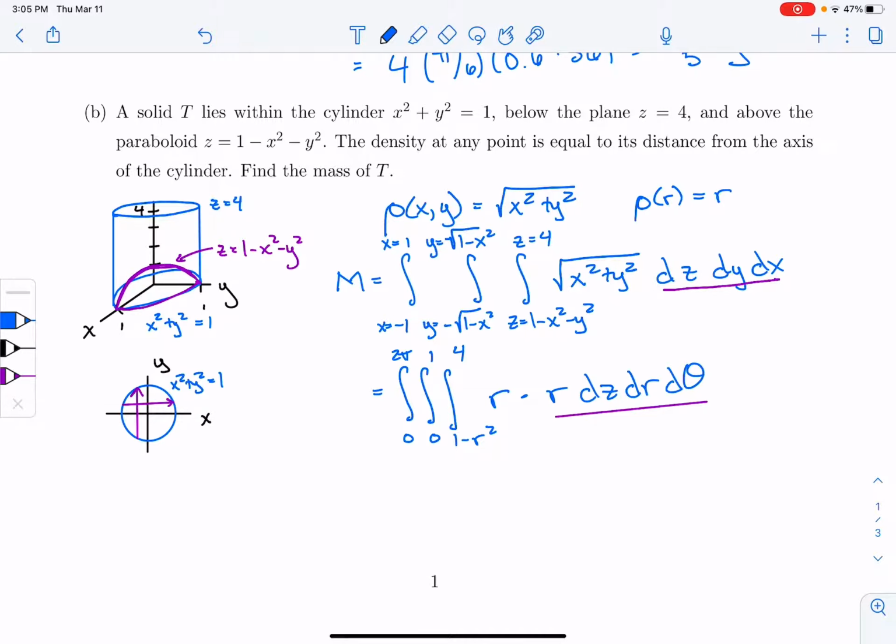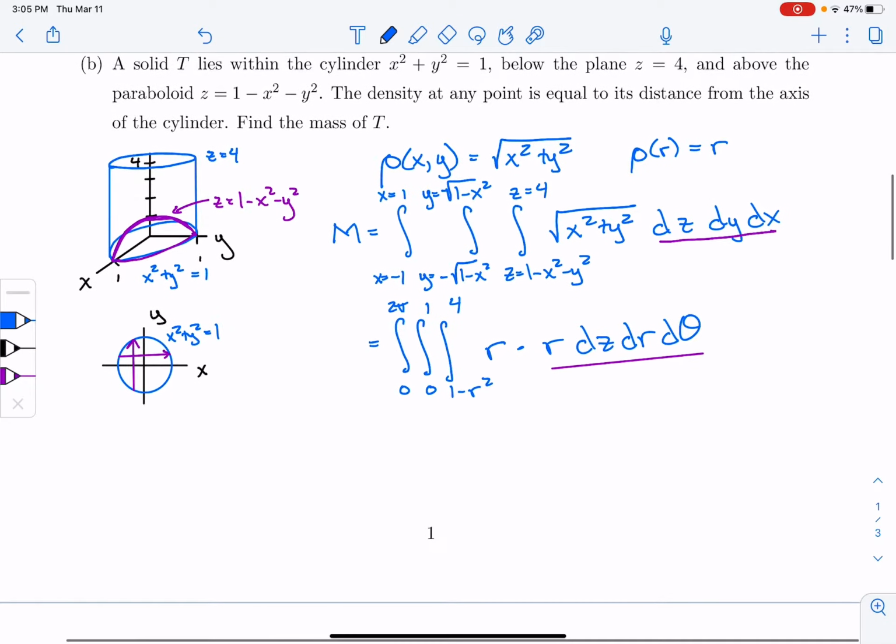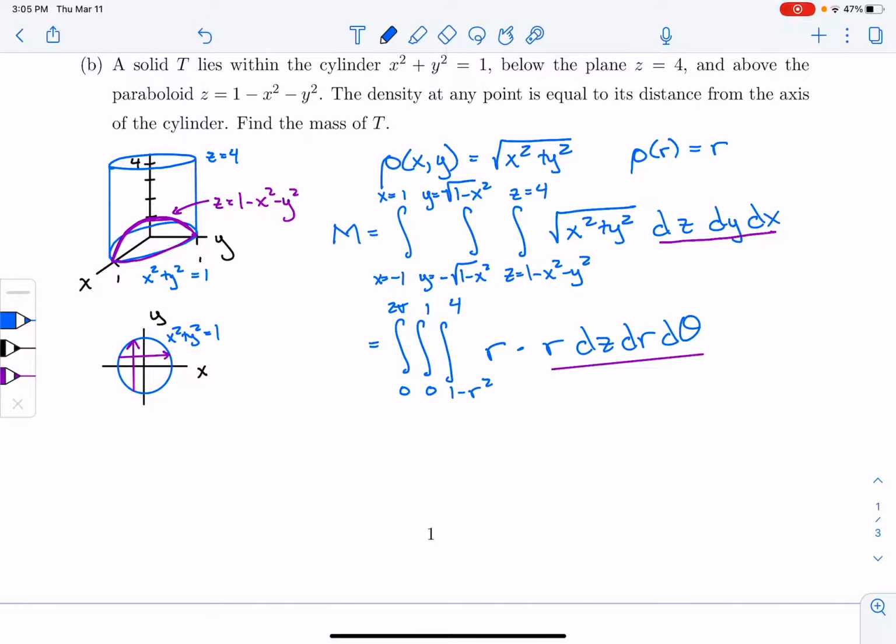Under the radical there was an x squared plus y squared. That just became an r. I had z equals 1 minus x squared minus y squared. That became 1 minus r squared. So this is a much simpler integral for me to do than the previous one.